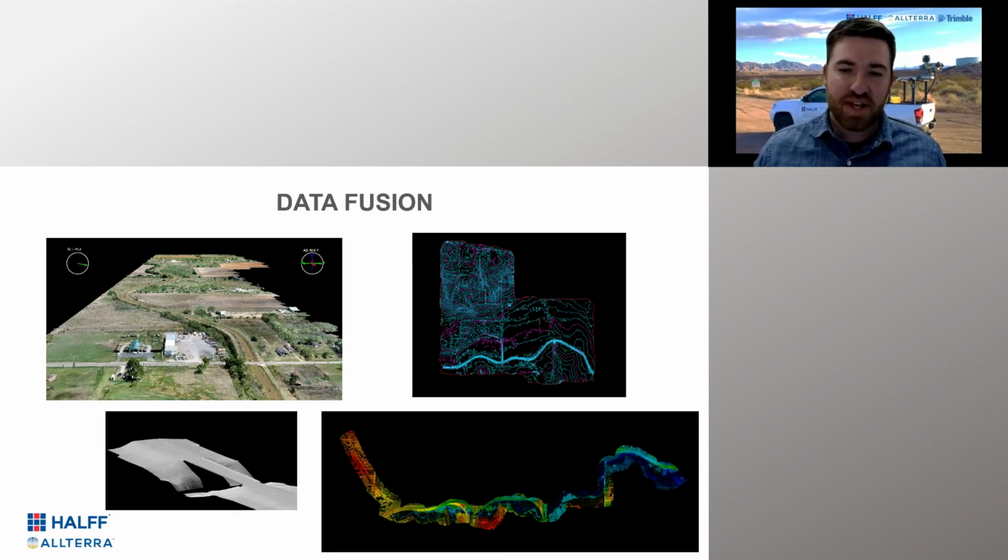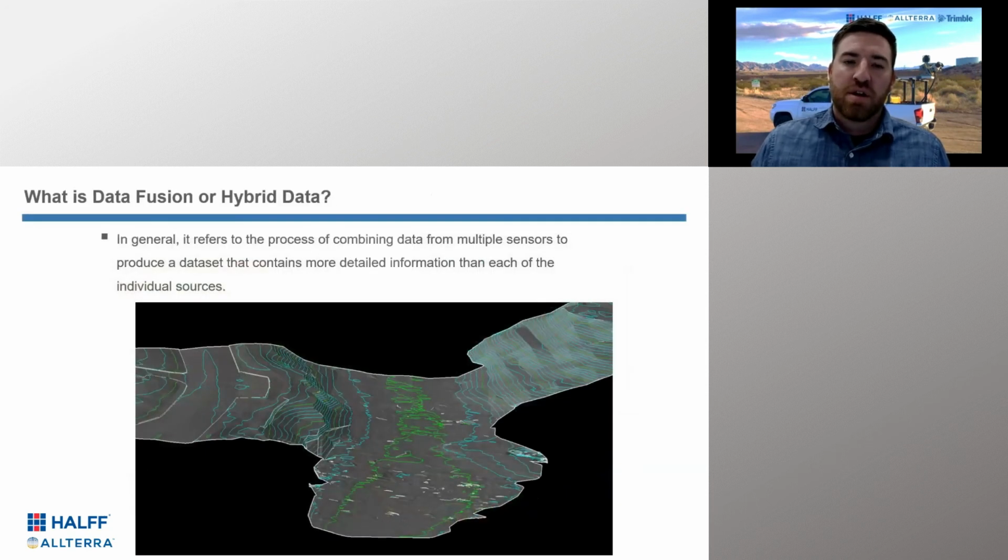So I like to again talk about blending all these data sets together so that we can build a complete point cloud, and we can turn that in as a deliverable and feel confident that we have not left any holes.